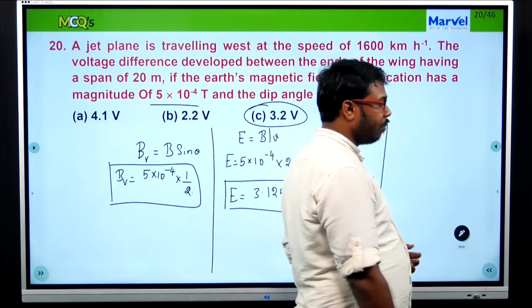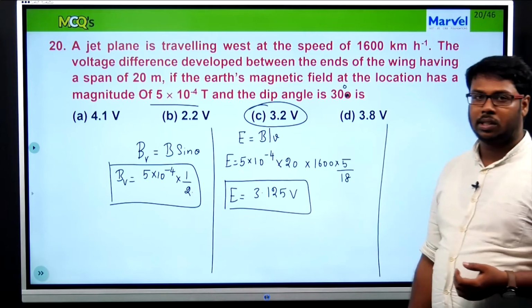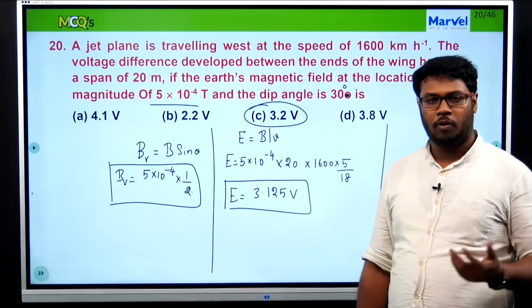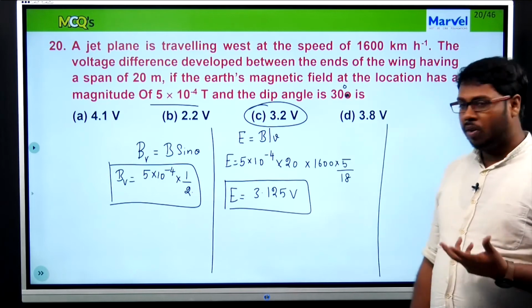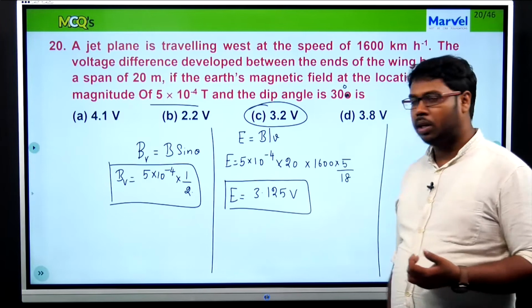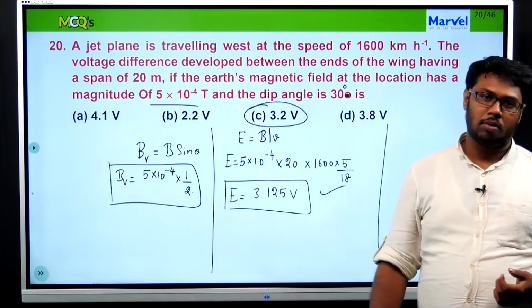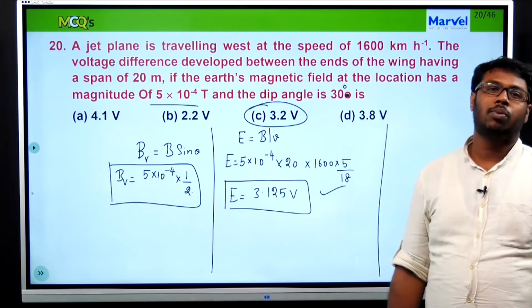See, again nothing went wrong. I took the equation that is necessary to find the value over the wingspan, plugged in all the values, and did the calculation to get my value. So this is how things work in here.